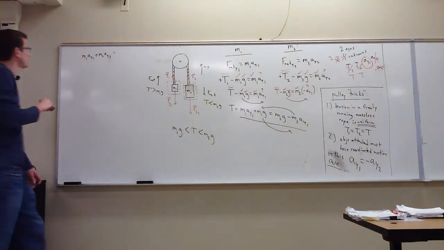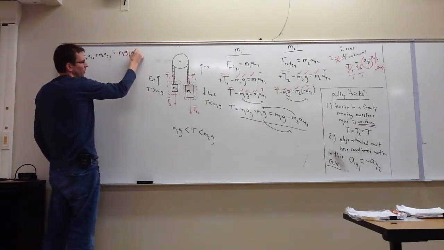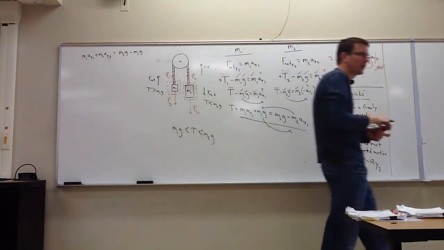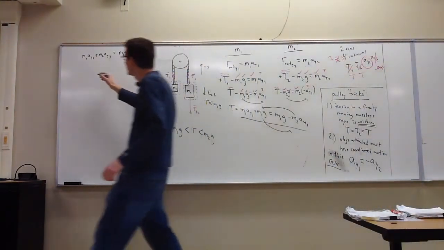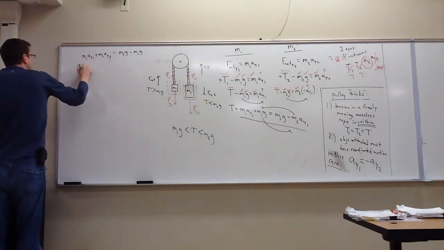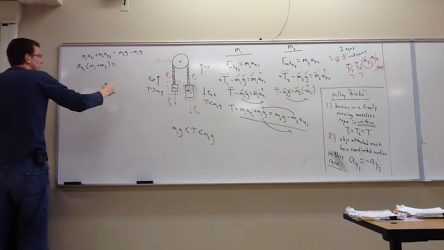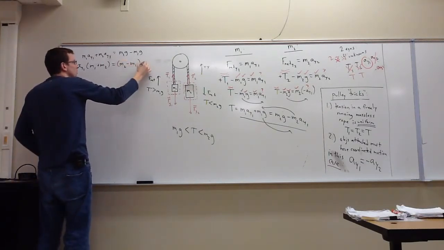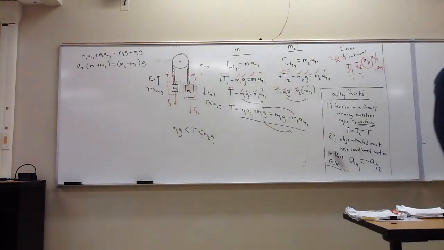And then let's throw in some friends over here, m2g minus m1g. When you throw it on the other side, it switches sign. Okay, so here's our factoring business. Factor out that. For some reason, g wants to get into the act. G is a constant, so it doesn't matter, but it likes factoring too, I guess.